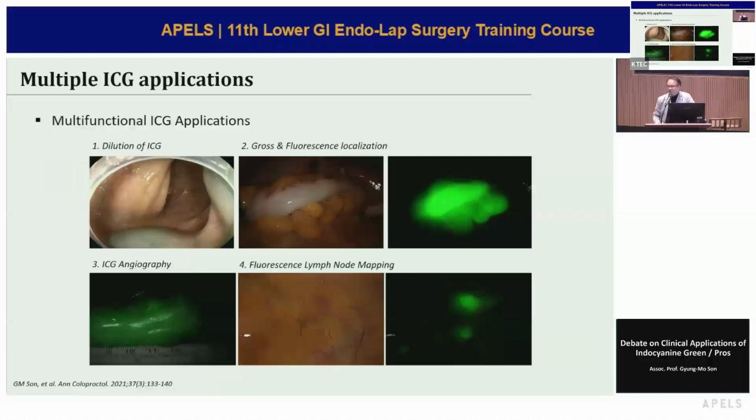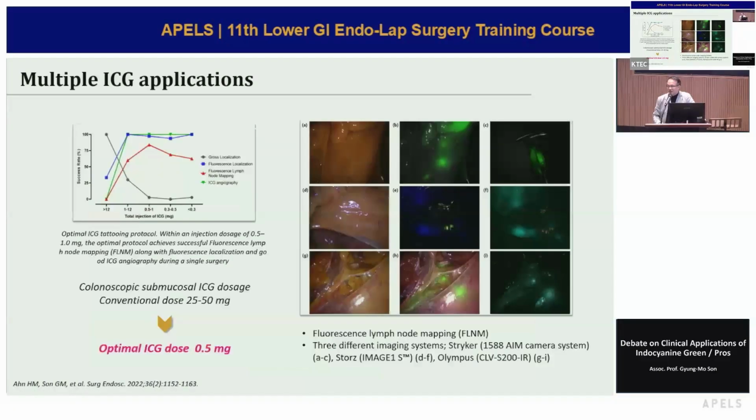So I want to perform tumor localization, lymph node mapping and perfusion status analysis in one patient. So I tried to define the optimal level of ICG. I de-escalated the ICG dose, and I found that a very small dose of ICG is acceptable for lymph node mapping and localization.